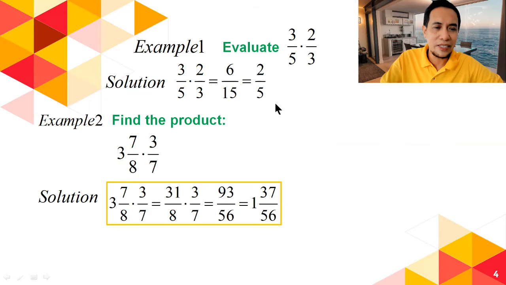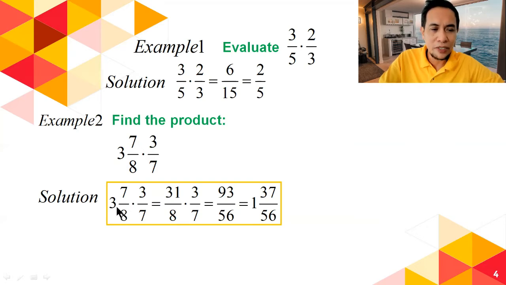All right, let's go to example number 2. Find the product of 3 and 7 over 8 and 3 over 7. So 3 and 7 over 8 is a mixed number multiplied by a fraction. What's the rule? For the solution, 3 and 7 over 8 times 3 over 7 is equal to 31 over 8, so we convert the mixed number to an improper fraction.